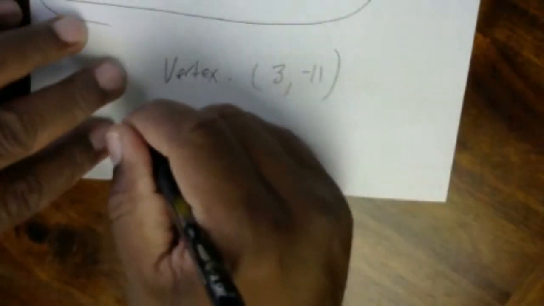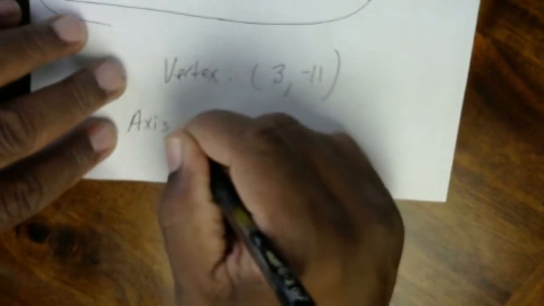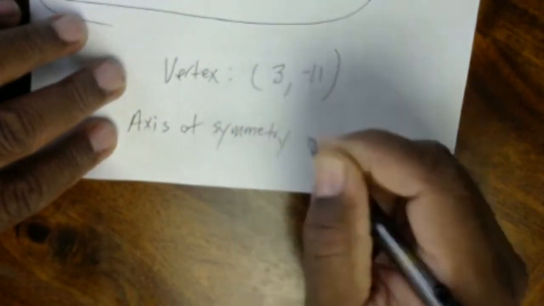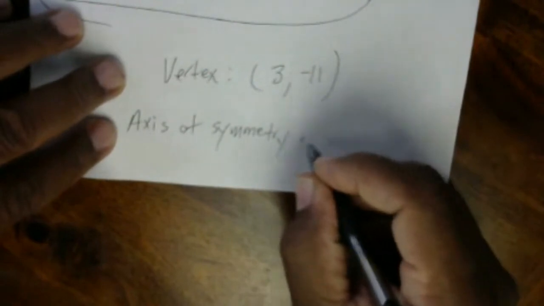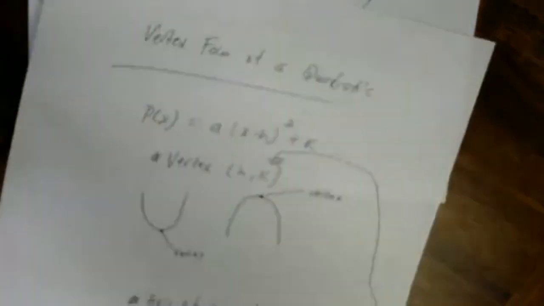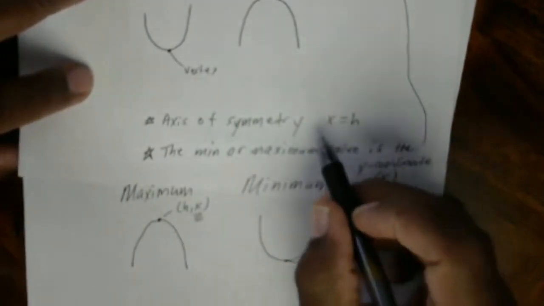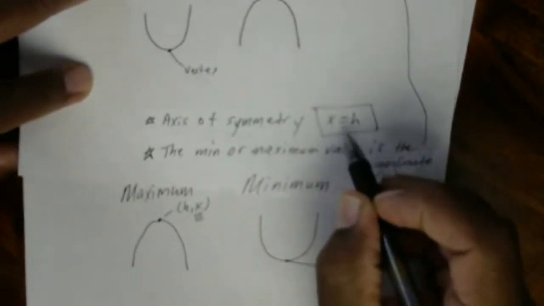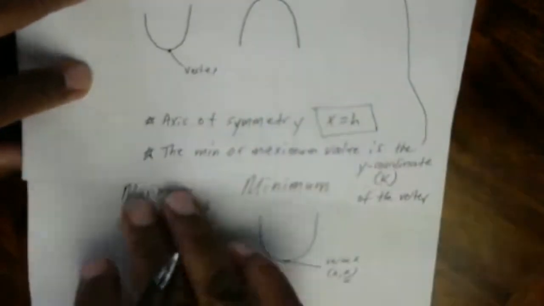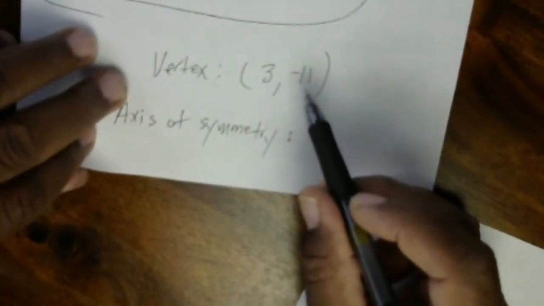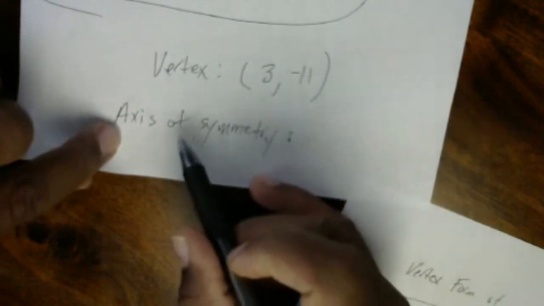We can also find the axis of symmetry. So if we go back to our formulas, the axis of symmetry was x is equal to h. So in this case, h is negative 11.